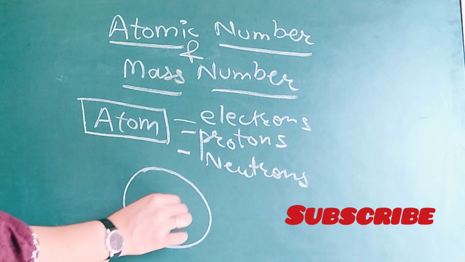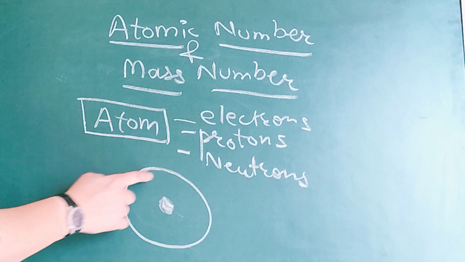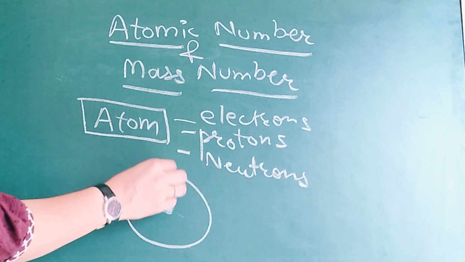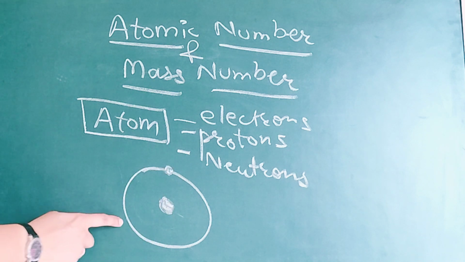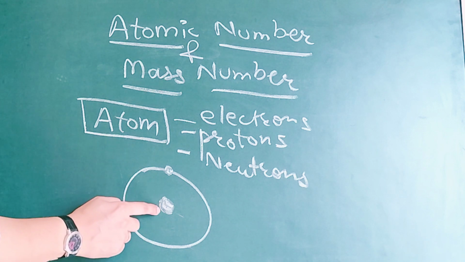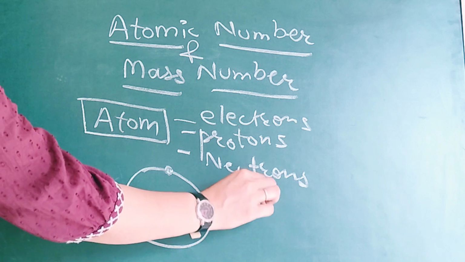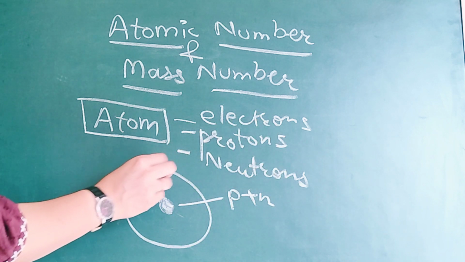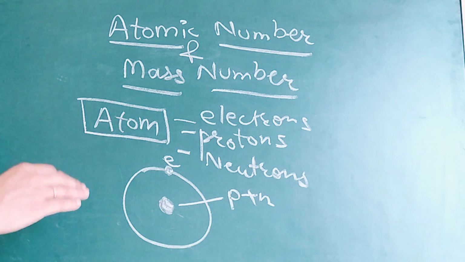Atom has one nucleus and there is a circular orbit in which electrons are revolving. This is the structure of atom. Nucleus carries proton and neutron, and here we have electrons. This is a representation of atom.